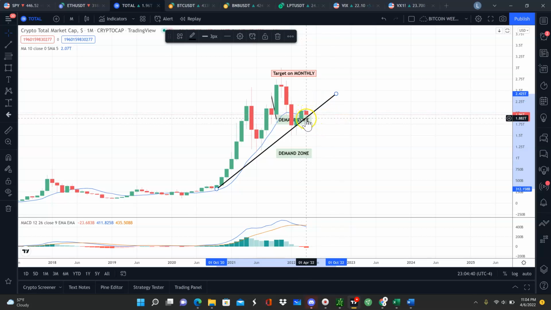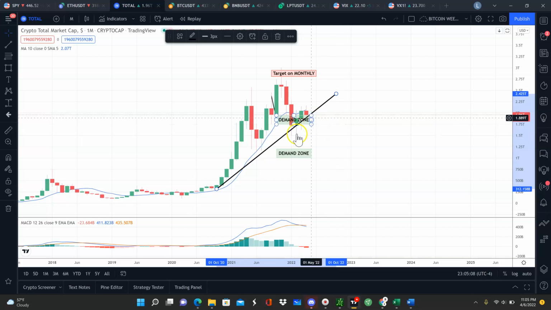One number I'd be looking for in the month of April is this 1.88 trillion, as well as about the top of this demand zone that I've identified, which looks like 1.95 trillion. It's sitting just slightly above that number as I record this video.